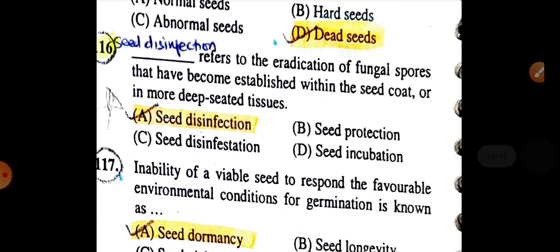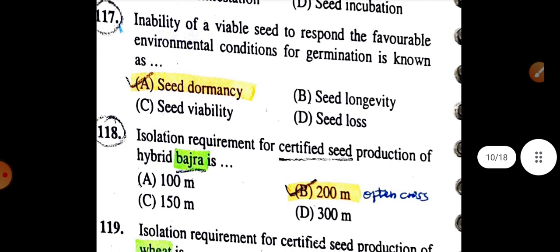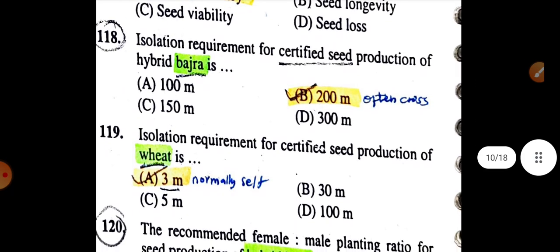Seed disinfection refers to the eradication of fungal spores that have become established within the seed coat and more deep-seated tissue. Inability of viable seed to respond to favorable environmental conditions for germination is known as seed dormancy.